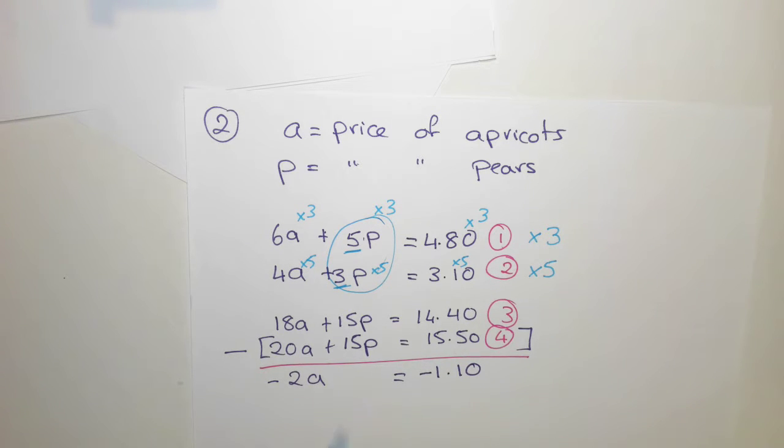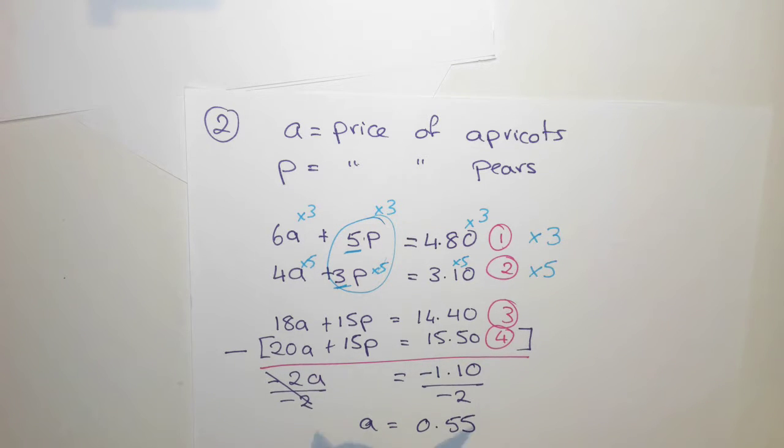Okay, nearly here. I've got negative 2a, so that's negative 2 times a. The opposite of multiplying by 2 is dividing both sides by negative 2. They cancel to leave me with a equals, now negative divided by negative is positive, $1.10 divided by 2, so half of $1.10 is 55 cents.